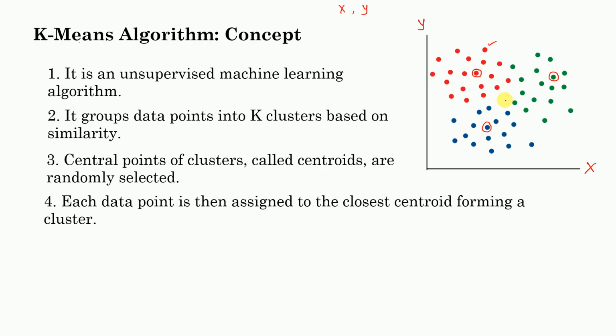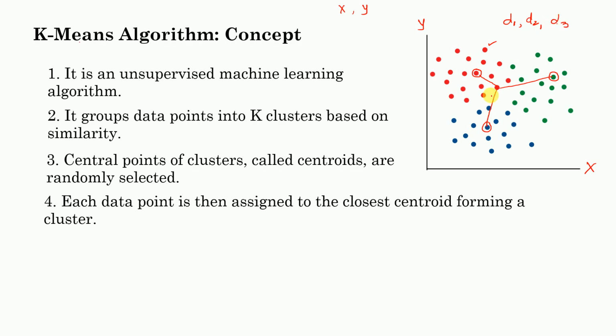Let's take the example of this point. I am going to calculate the distance of this point from these three centroids. So this is the distance d1, this is the distance d2, and this is the distance d3.